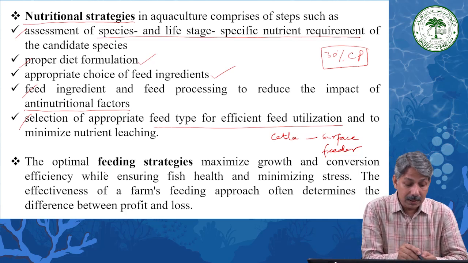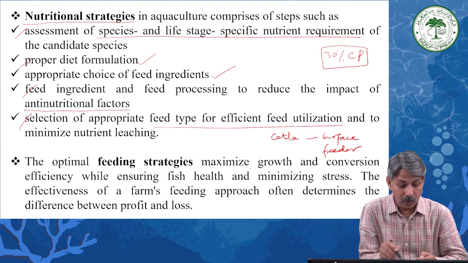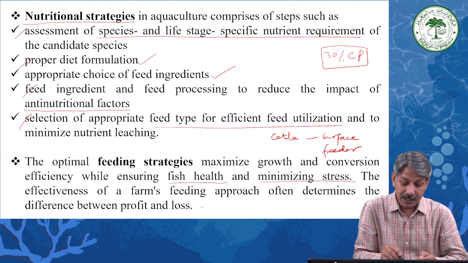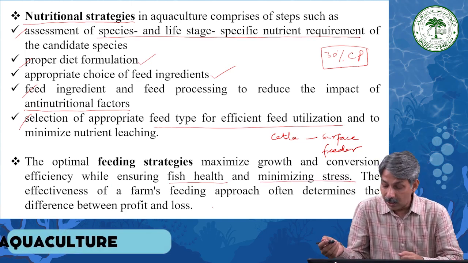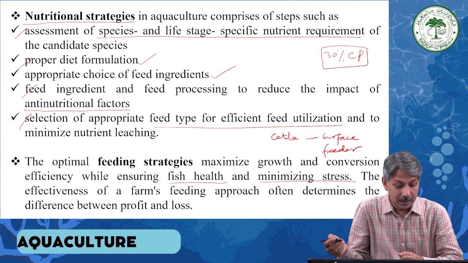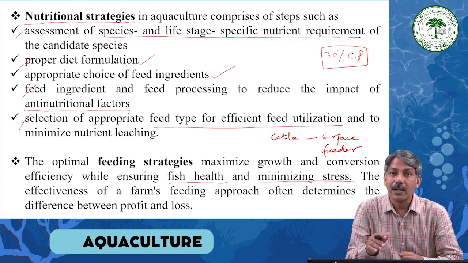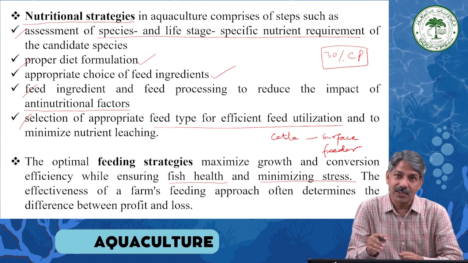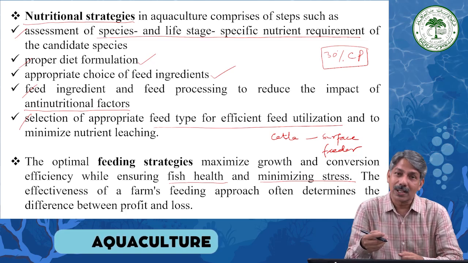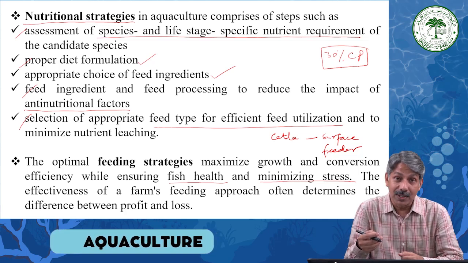And in the feeding strategies, optimal feeding strategies maximize growth and conversion efficiency while ensuring fish health and minimizing stress. The effectiveness of a farm's feeding approach often determines the difference between profit and loss, which I have already explained. If you have good nutritional and feeding strategies, your aquaculture practice will be a profitable venture.